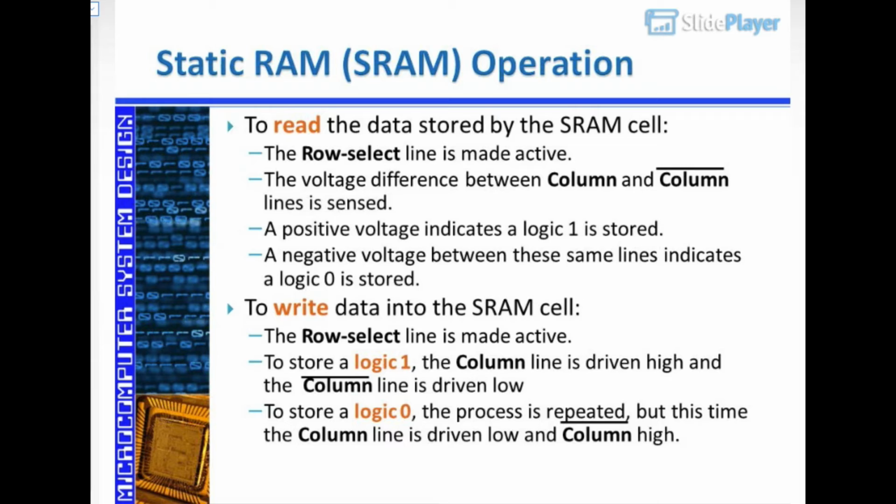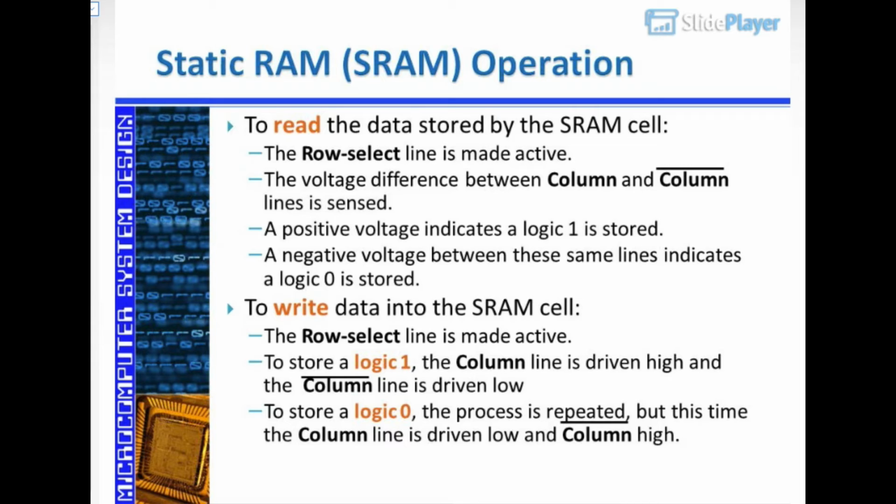Static RAM, SRAM, operation. To read the data stored by the SRAM cell, the row select line is made active. The voltage difference between column and column-bar lines is sensed. A positive voltage indicates a logic 1 is stored. A negative voltage between these same lines indicates a logic 0 is stored.